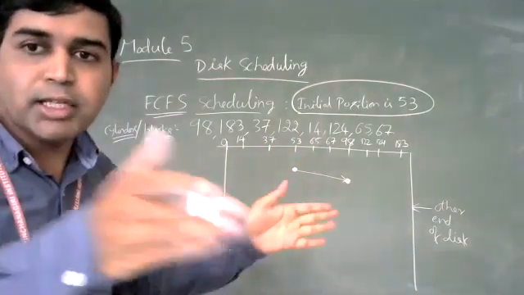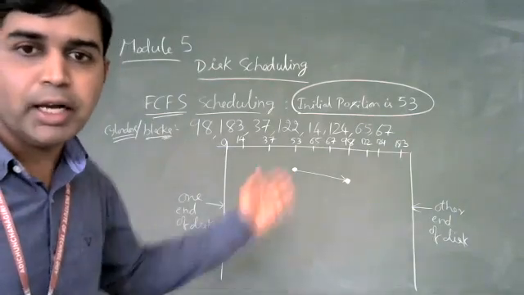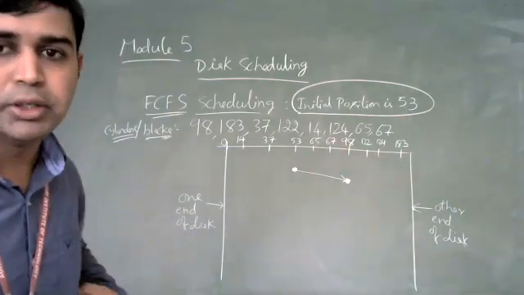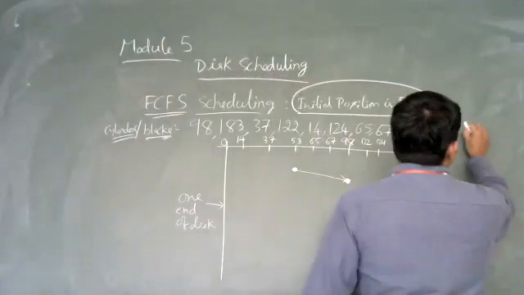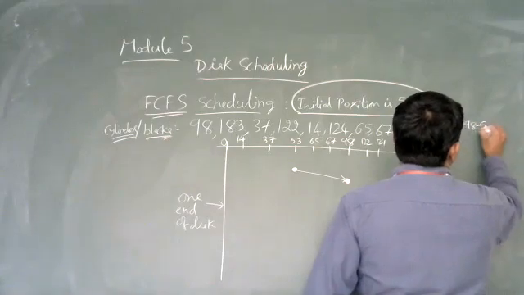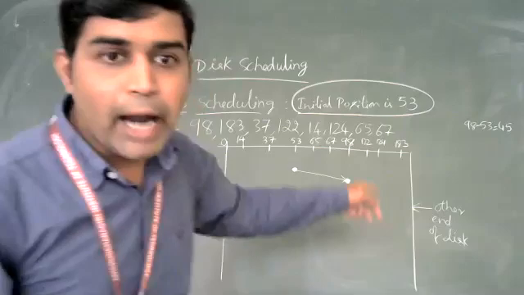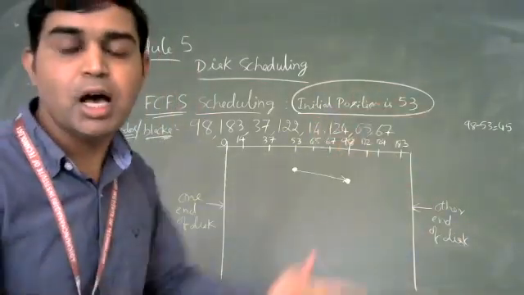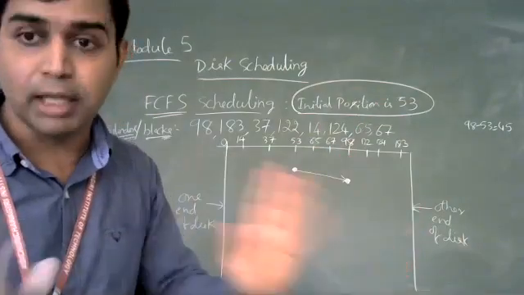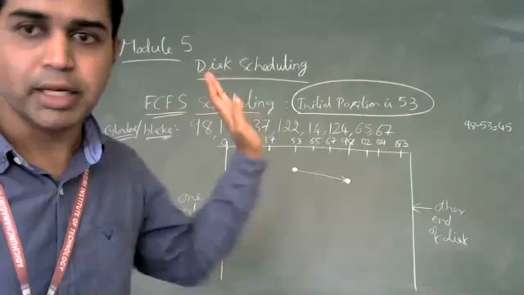What was the distance? You have to make a note of that also. 98 minus 53 is 45. We have to add all these at the end, so that's why I'm noting how much distance it has traveled. 45, that's it.